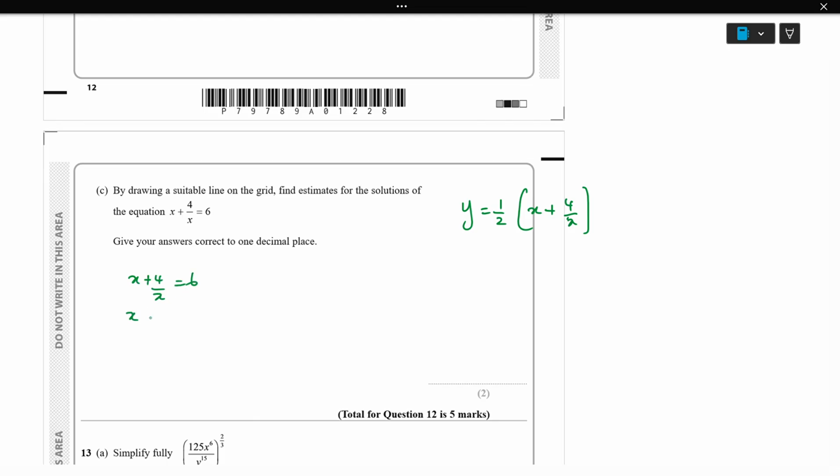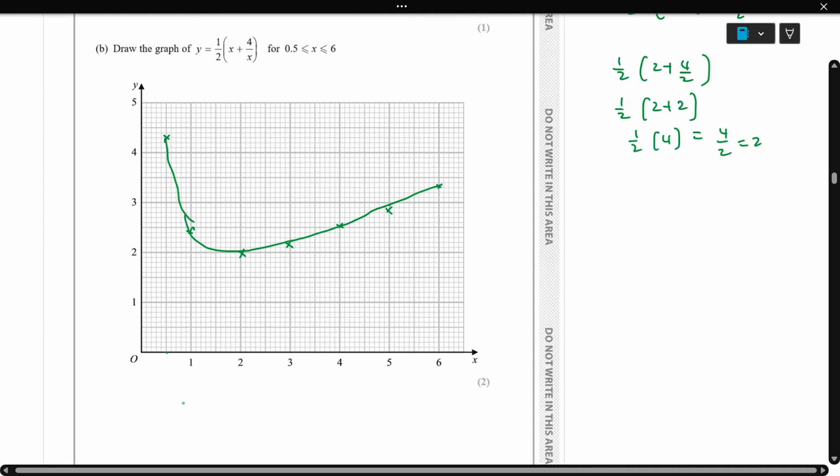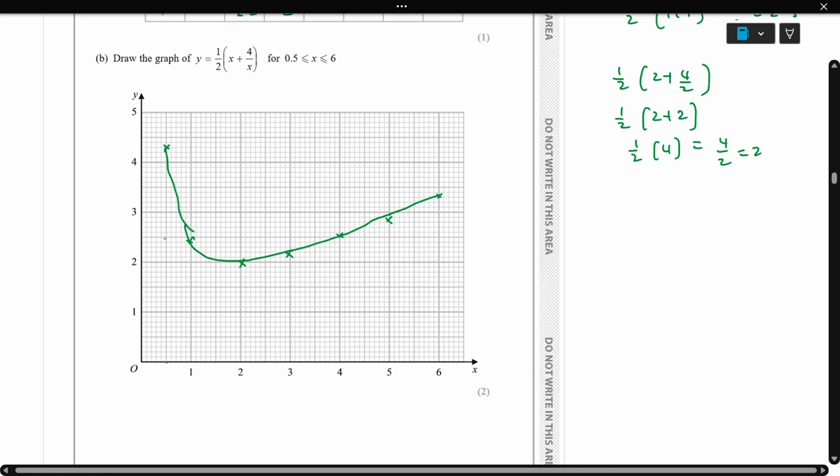I'll write this as x plus 4 by x equals 3 times 2. So bring 2 to this side. So 1 by 2 into x plus 4 by x equals 3. This entire thing is equal to y, so I can write y equals 3. Just draw y equals 3 on this graph. Here, y equals 3, this is the line here.